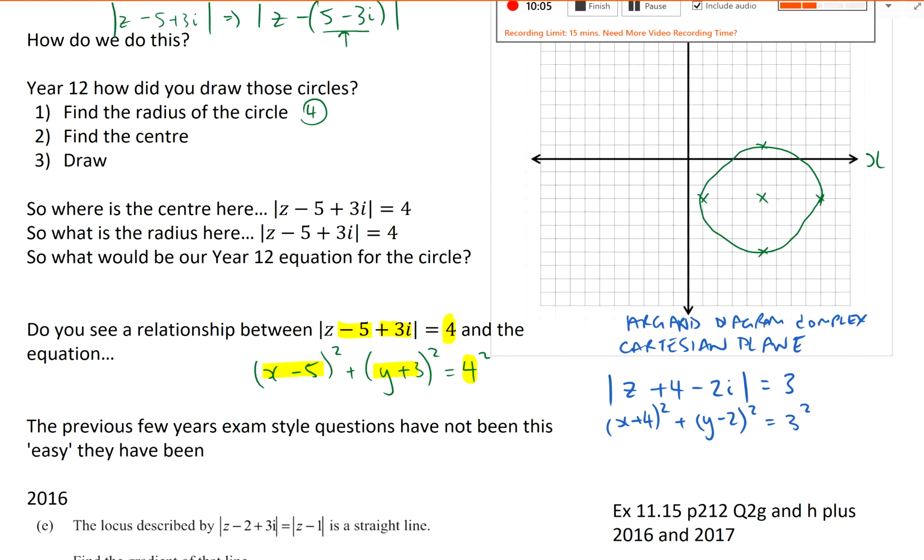So in other words, that circle is moved to the left 4 and up 2. It's got a radius of 3, so we go down there, there, there, and there. Excuse the drawing, that's real bad even for me. There is my loci. Hopefully that makes sense, and that's where we left it yesterday.